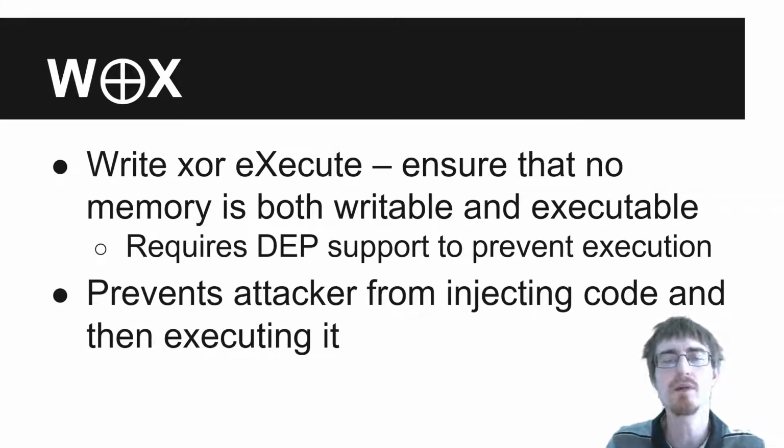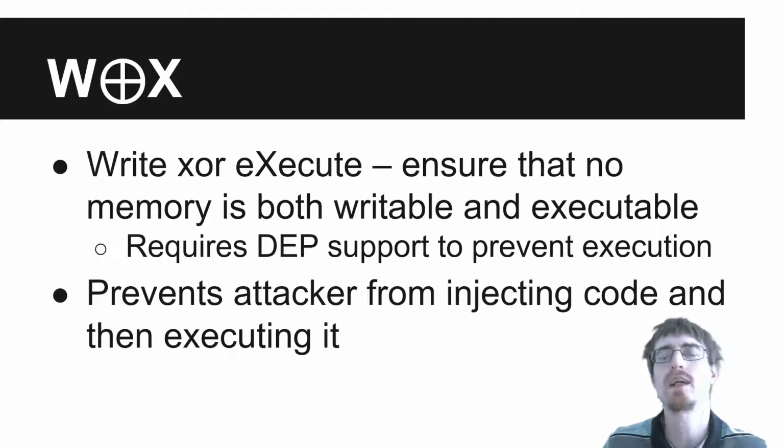So this is typically implemented as a form of write XOR execute. Write XOR execute is a policy that means that there may not be any memory that is simultaneously writable and executable. So basically there's no reason for a program to have self-modifying code on a modern system.